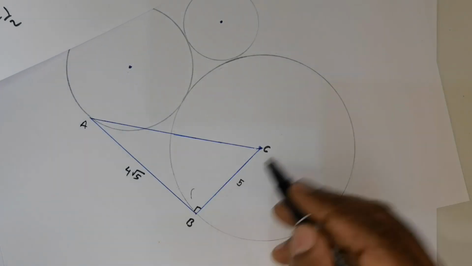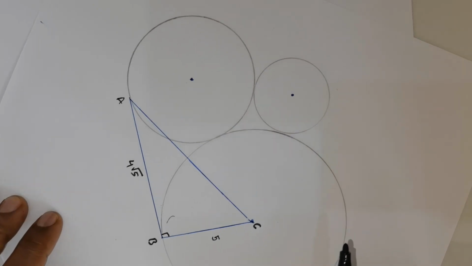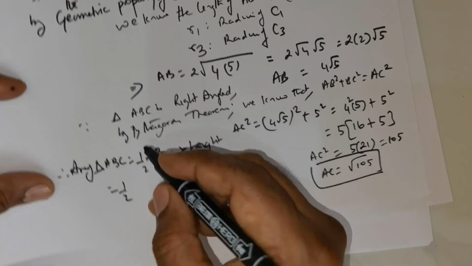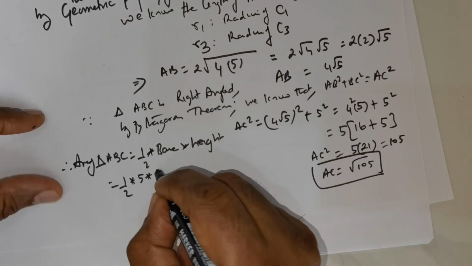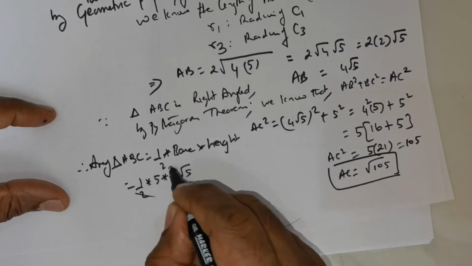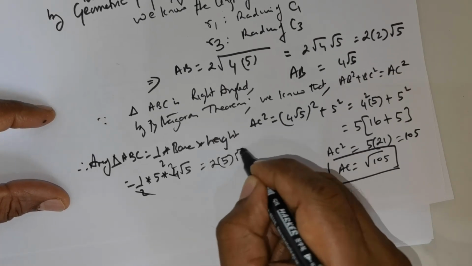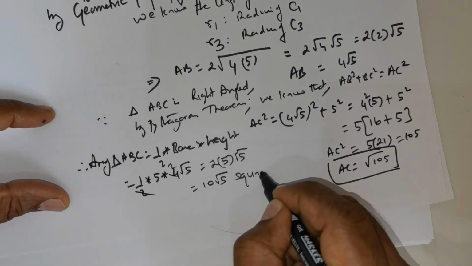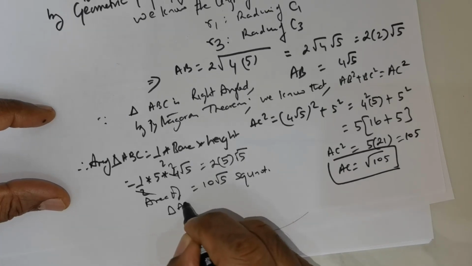So half times my base, which is 5 units, and the height, which is 4 times root 5. So 2 divides here 2 times. So 2 times 5 into root 5, which is equal to 10 times root 5 square units. So this is the area of triangle ABC.